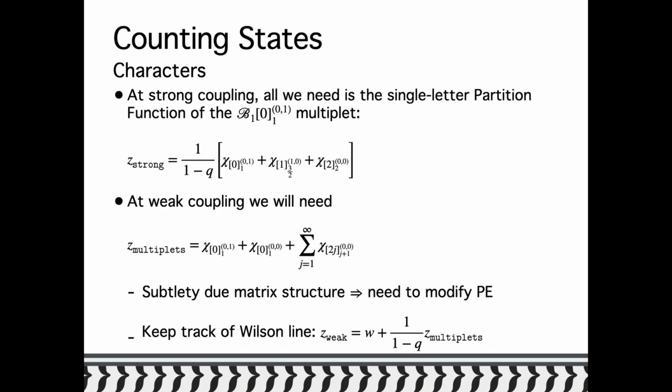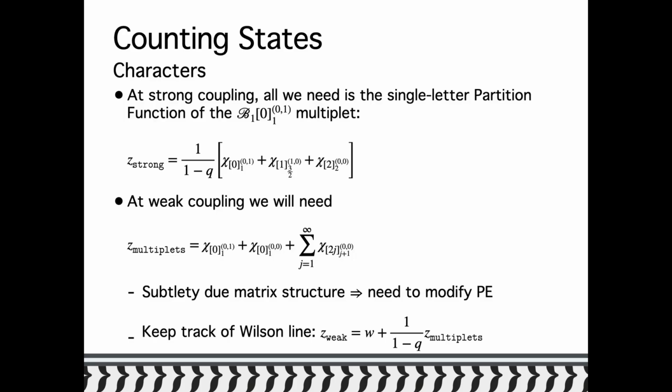So let me give you an illustration. At strong coupling, we just need the single letter partition function. So we just need the single letter associated with this B1 multiplet. There are three types of fluctuations. Let me explain what this Z strong means.